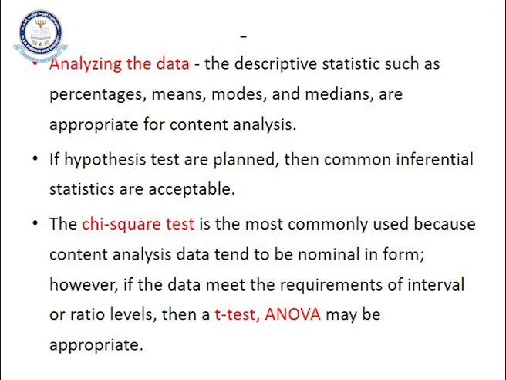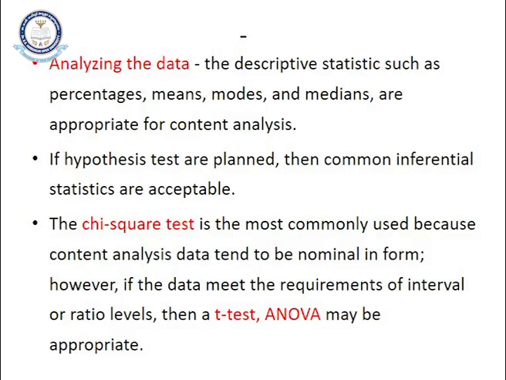Another step is analyzing the data. Descriptive statistics such as percentages, means, modes and medians are appropriate for content analysis. If hypothesis tests are planned, then common inferential statistics are acceptable. The chi-square test is the most commonly used because content analysis data tend to be nominal in form.